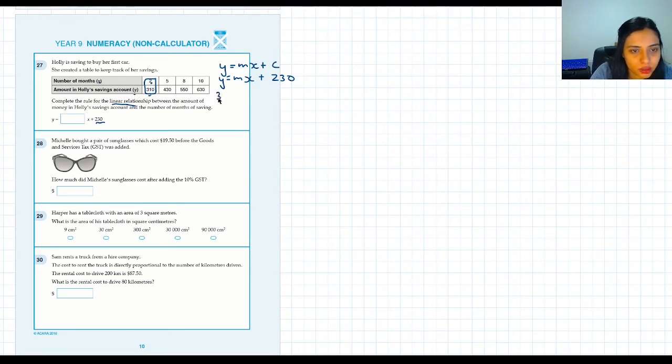So I'm just going to put that information in. So 310 equals m times 2 plus 230. So let's minus 230 from both sides, and we're going to be left with 80 equals 2m. And now let's divide by 2 on both sides, and we're going to have m equals 40.